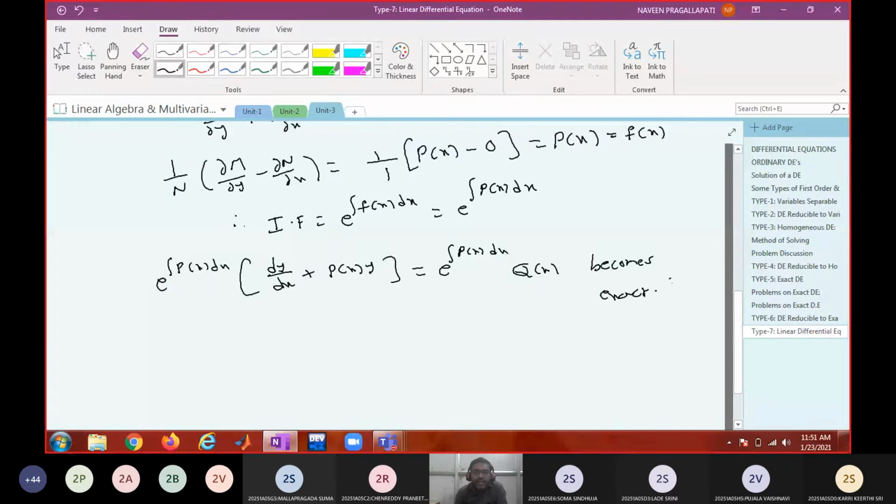Once this is exact, solve that exact differential equation.